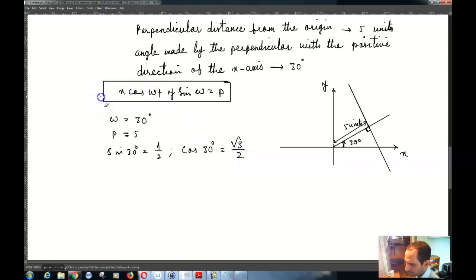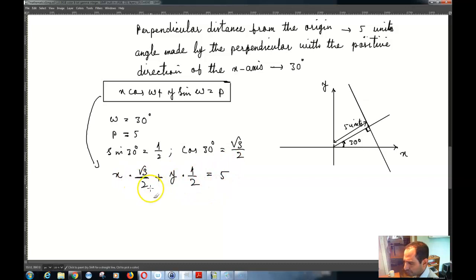So I can write the equation of the line as x times cos 30 degrees, which is square root of 3/2, plus y times sine omega, which is 1/2, is equal to p, which is equal to 5.